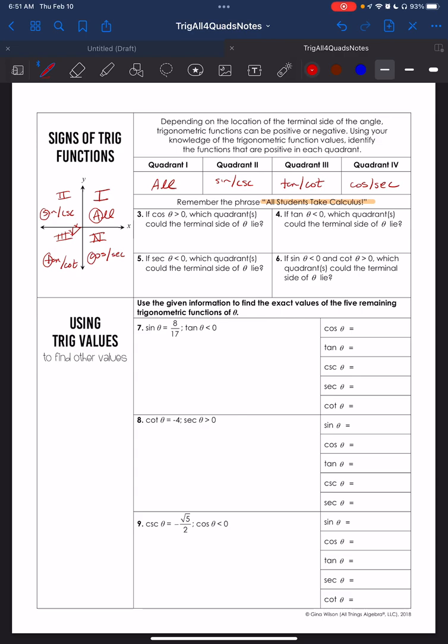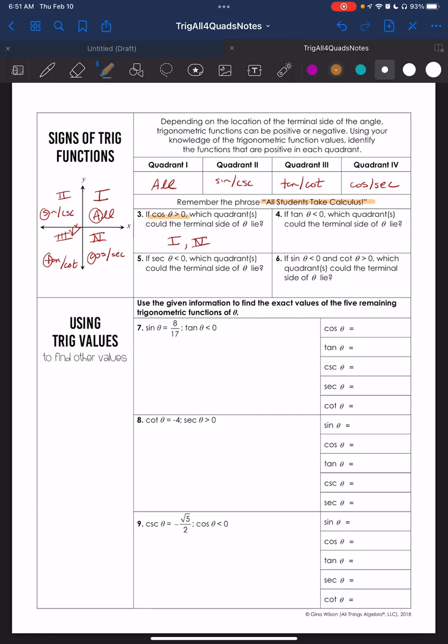All right, so for example, problem 3: if cosine is positive, so greater than 0, which quadrants could the terminal side of theta lie in? Well, for cosine to be positive, we have to be in quadrant 1, because everything's positive there, or in quadrant 4, because cosine's also positive there.